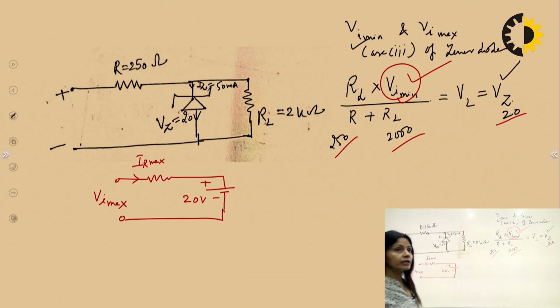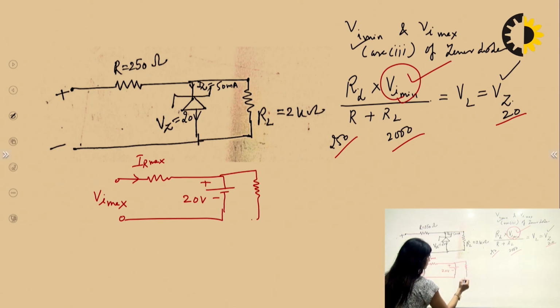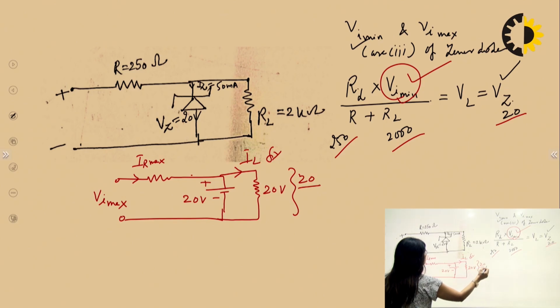Because it is very, very clear that whenever the input voltage is at maximum, then input current will be maximum. This is 20 volts. Here IR max, this is fixed, constant, because this is 20 upon 2 into 10 to the power 3.